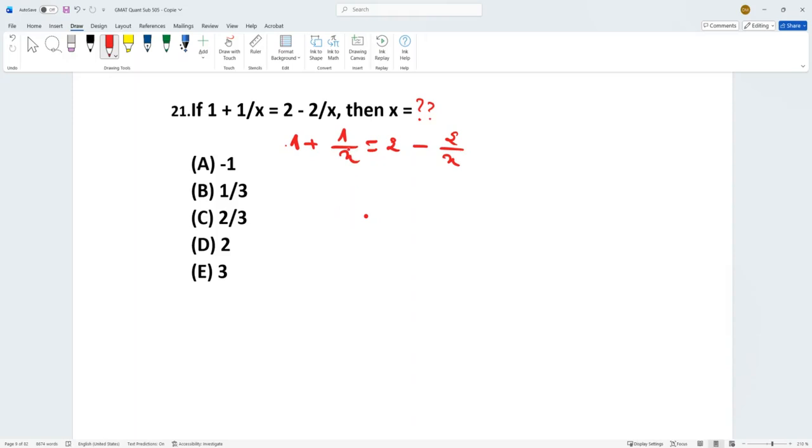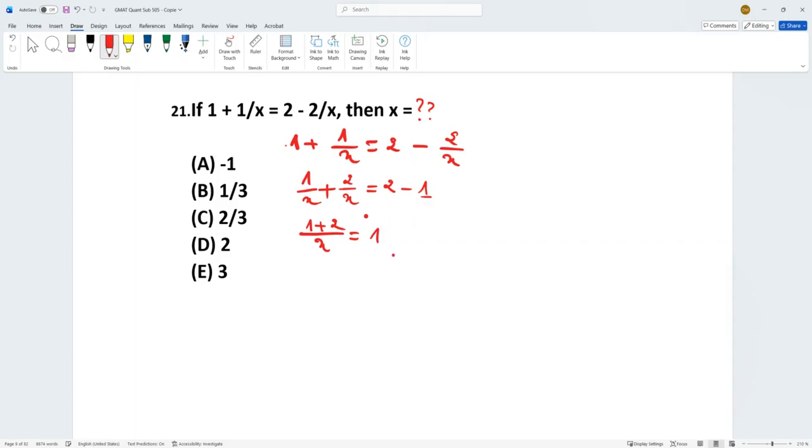So we will take the minus 2 over x, bring it here, and it's going to change the sign, so 1 over x plus 2 over x equal to 2 minus 1, because the 1 will come to the other side as minus 1. Here we have a common denominator, so that will be x, 1 plus 2 equal to 1.